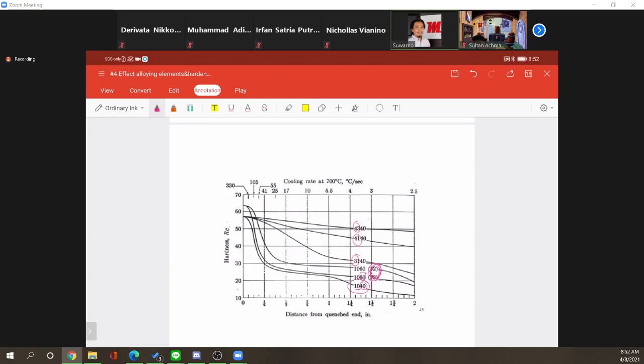So what do you think? You can guess which one of these alloys, you can say the number, has high hardenability. Which alloy has high hardenability?